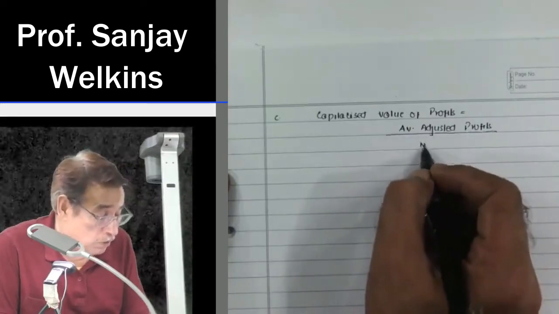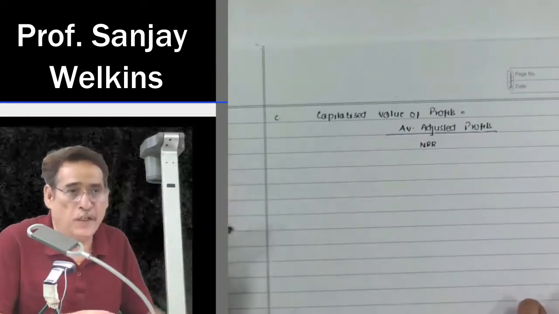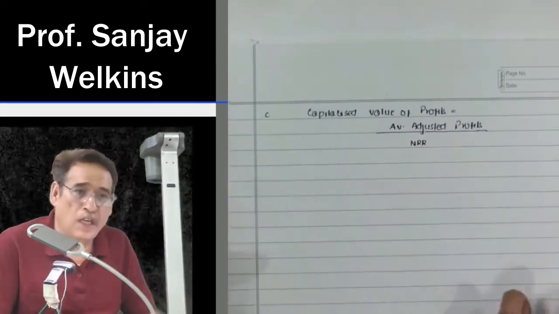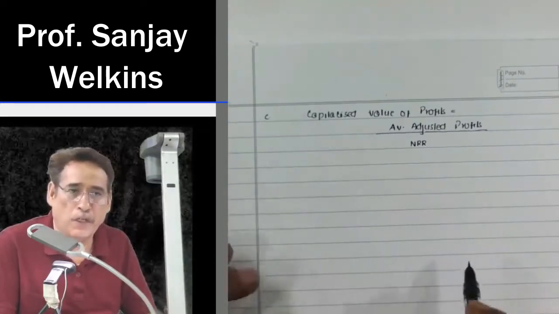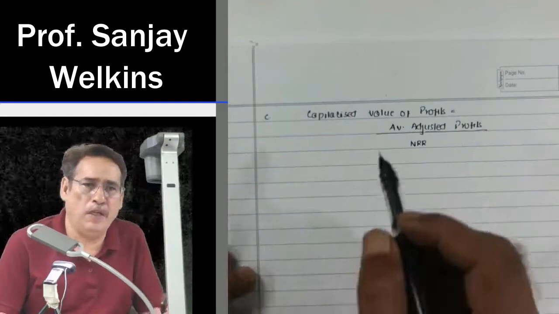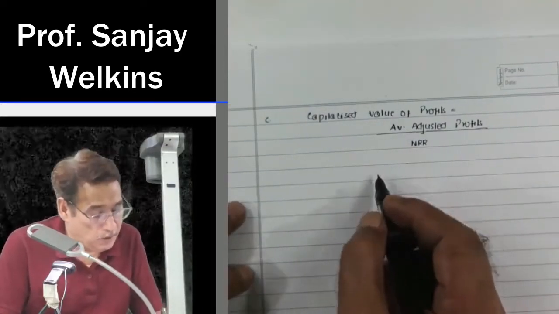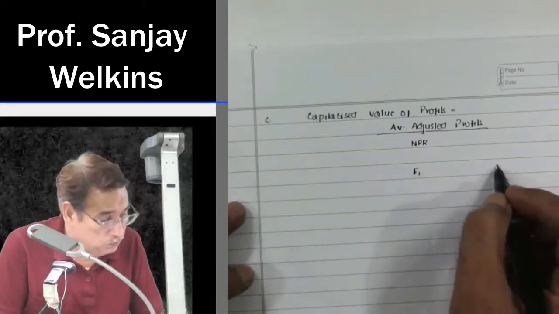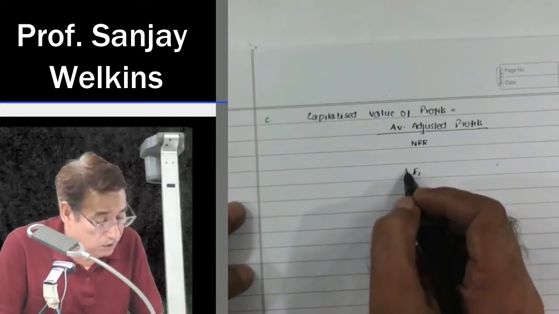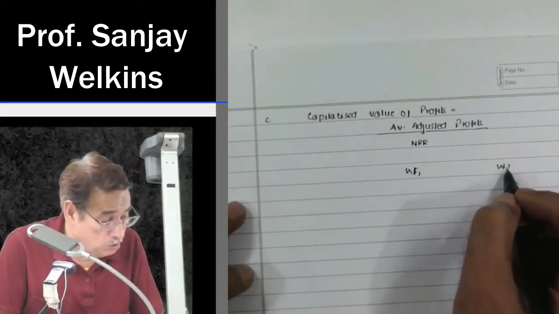Average adjusted profits are also pre-tax, and at the same time, as we saw, in this case, even normal rate of return is also pre-tax. So we need not do any adjustment here in this particular case. So what I am going to do is, I will compute for W1 and W2. Sorry, time and again I am writing F1 and F2. It is W1 and W2.